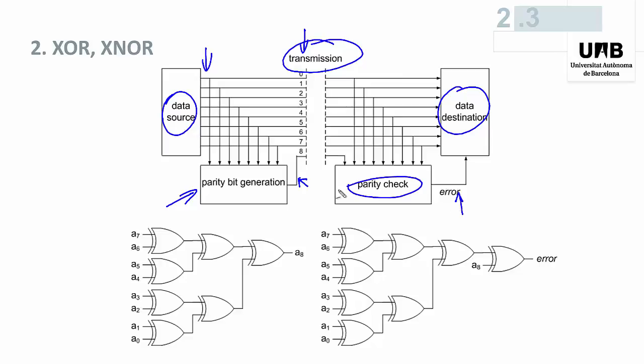The parity generation is done in this example by this circuit with the 7 XOR gates, and the parity check with this circuit that includes one more XOR gate.